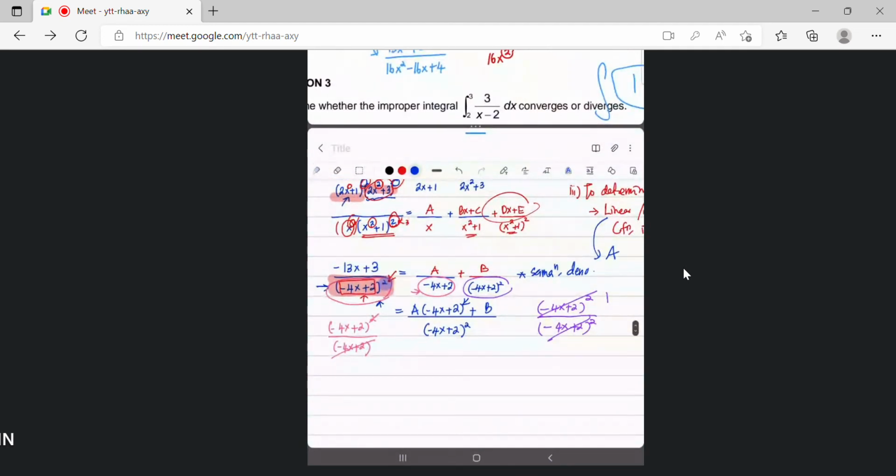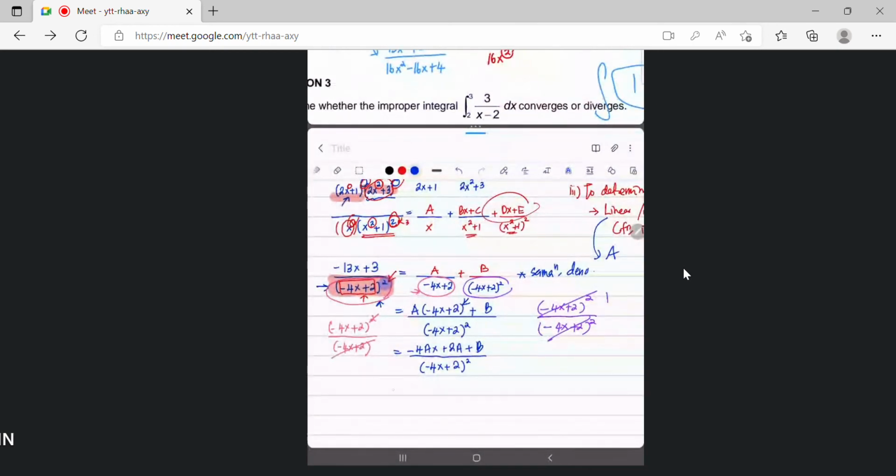Faham, madam. Faham, okay. So next, lepas kita dah buat macam ni, dah samakan denominator, the next step is we just need to expand. Please be careful kat sini sebab takut banyak salah. Plus 2A plus B. Okay, denominator we just need to copy sahaja.